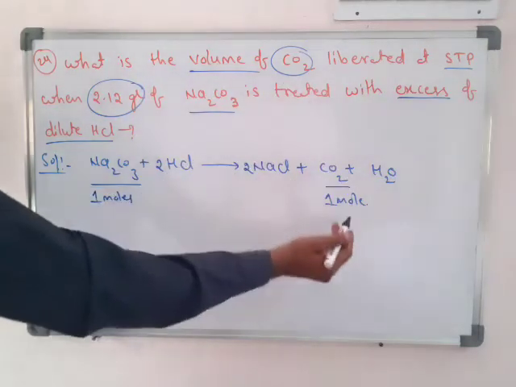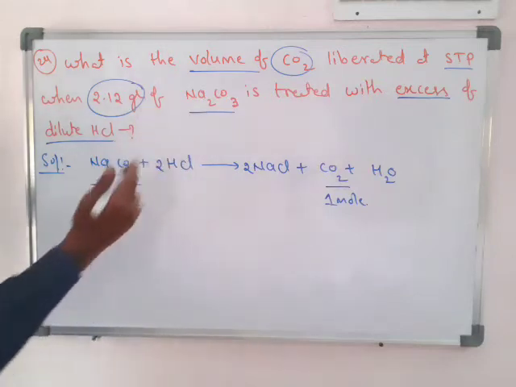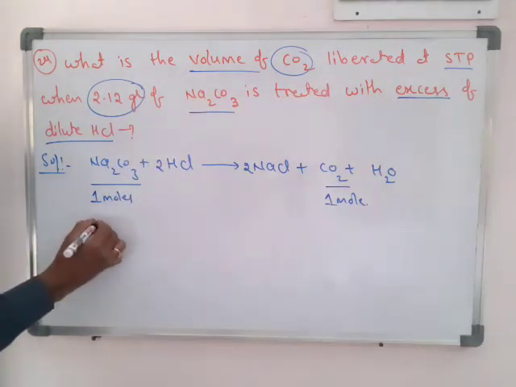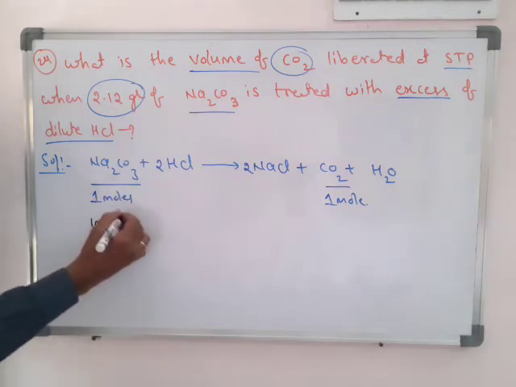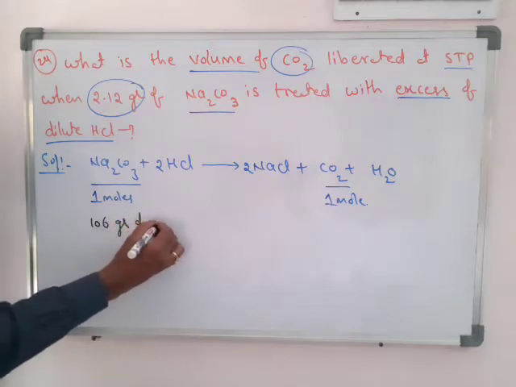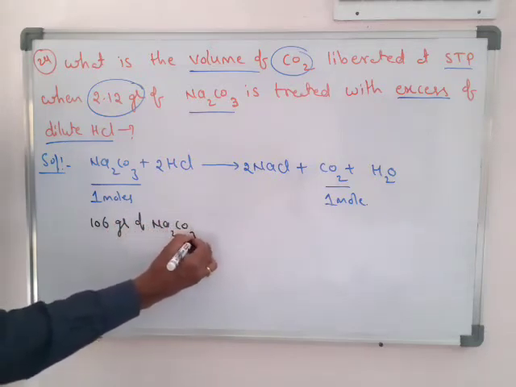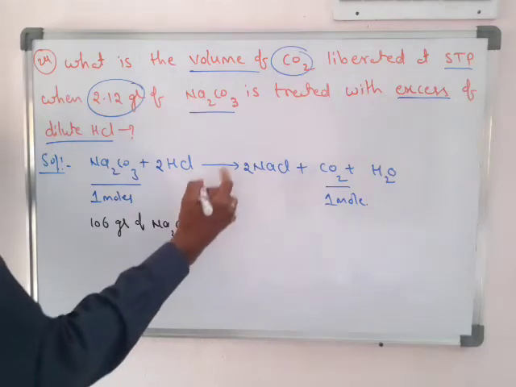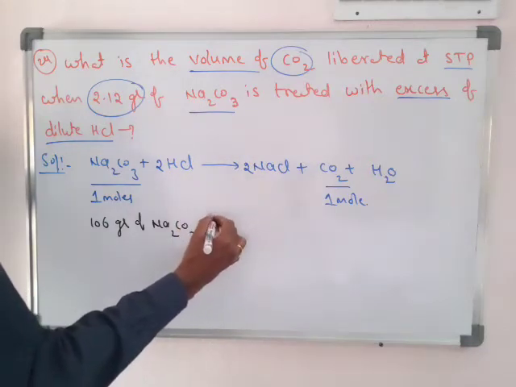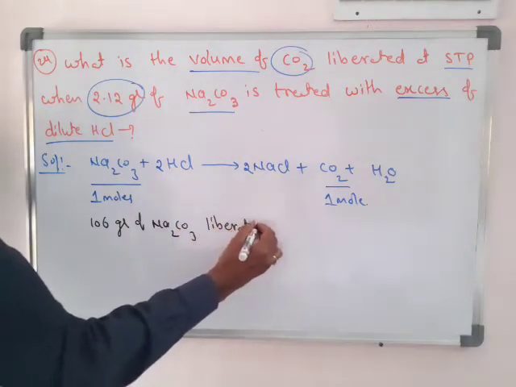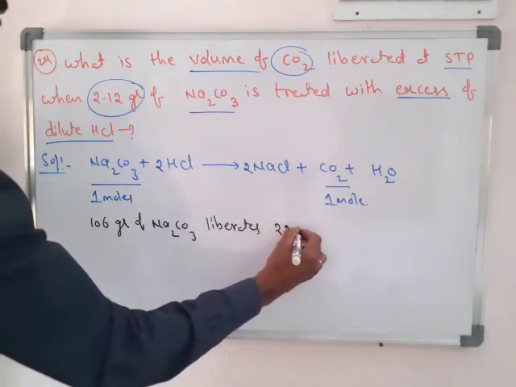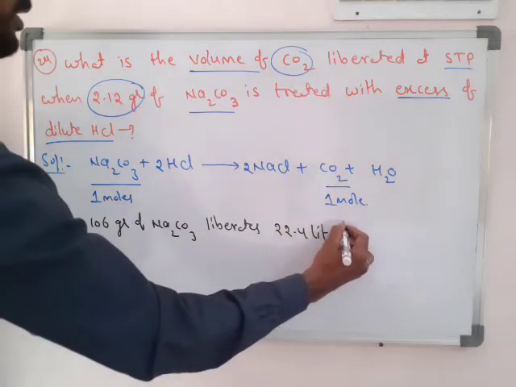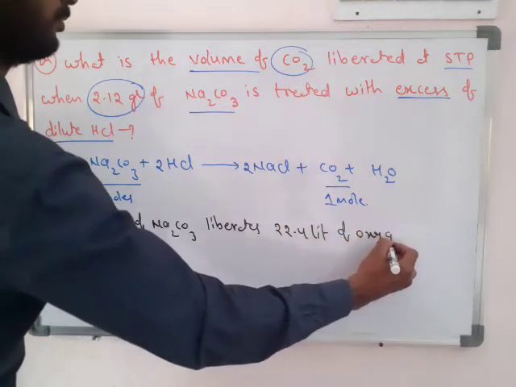Sodium carbonate is given in terms of mass and CO2 is asked in terms of volume, so convert them into their respective terms. 106 grams, its molecular weight is 106. 106 grams of sodium carbonate, when treated with excess dilute HCl, liberates how much? 1 mole, which must be in terms of volume, so 22.4 liters of carbon dioxide.